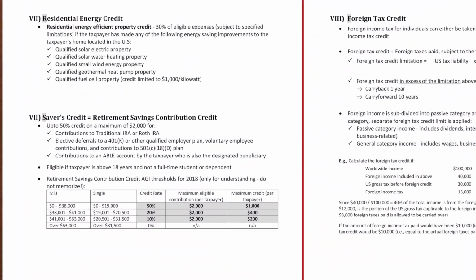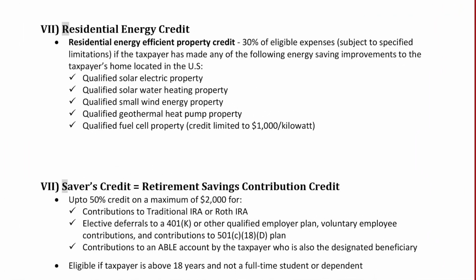On page 88, we are looking at the residential energy credit, which is the R of DEARS. Now, this is 30% of eligible expenses if the taxpayer has made any of the following energy saving improvements to the taxpayer's home located in the US.